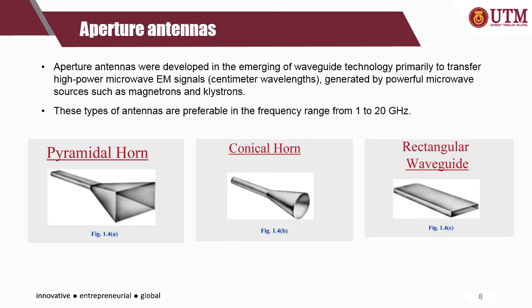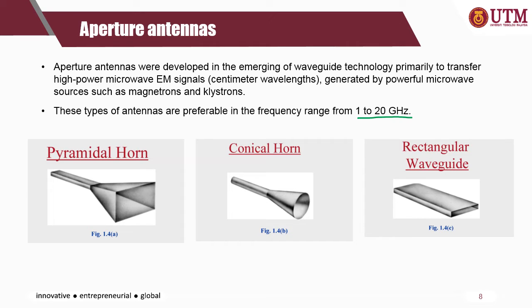Okay, next is the aperture antennas. I believe that you have seen this kind of antennas during your third year lab, in which you have designed the horn antennas. Examples of aperture antennas are the pyramidal horn, conical horn, and rectangular waveguide. These antennas are usually designed within this frequency range, 1 to 20 gigahertz.